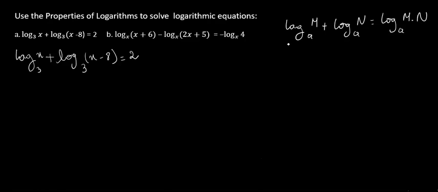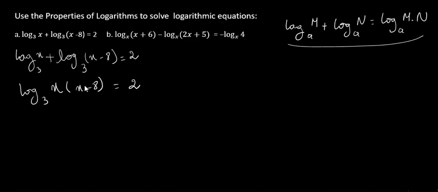I will use this property to do the next step for this equation. This is equal to log, since they have the same base, 3 of x times x minus 8, equal to 2.